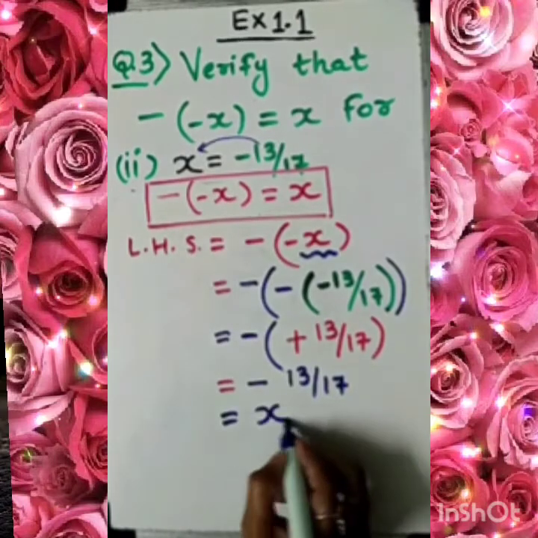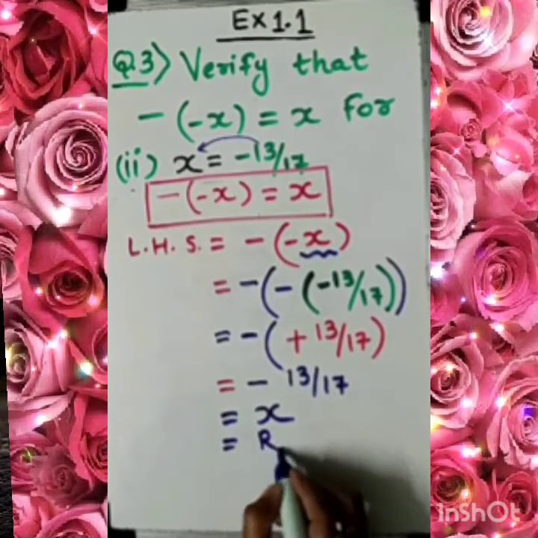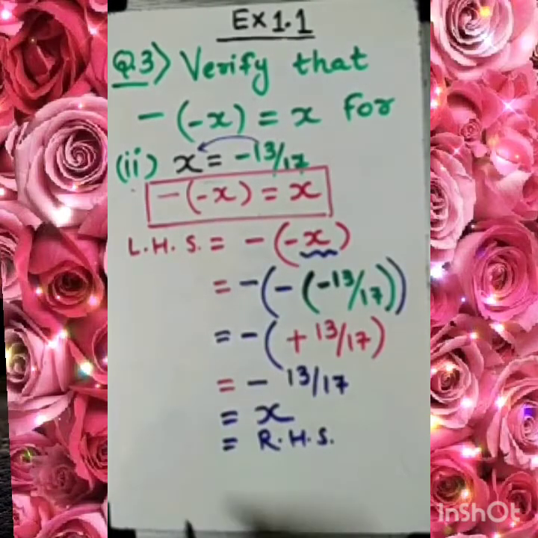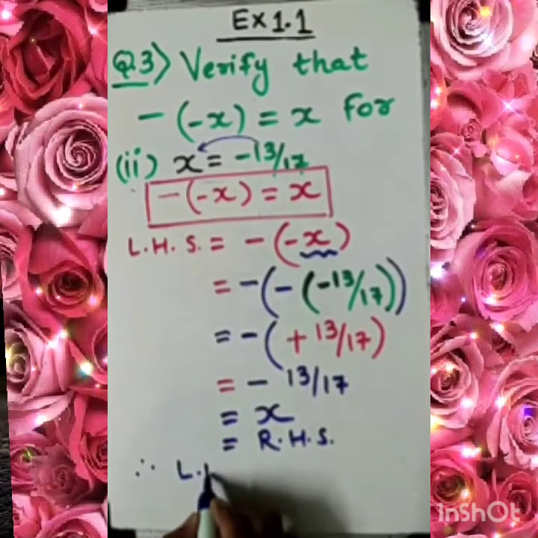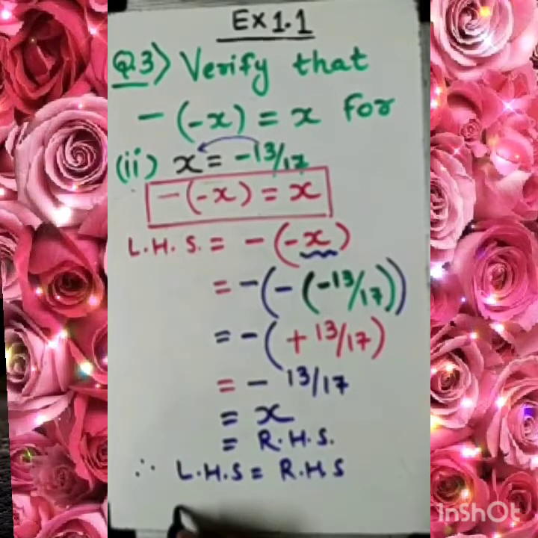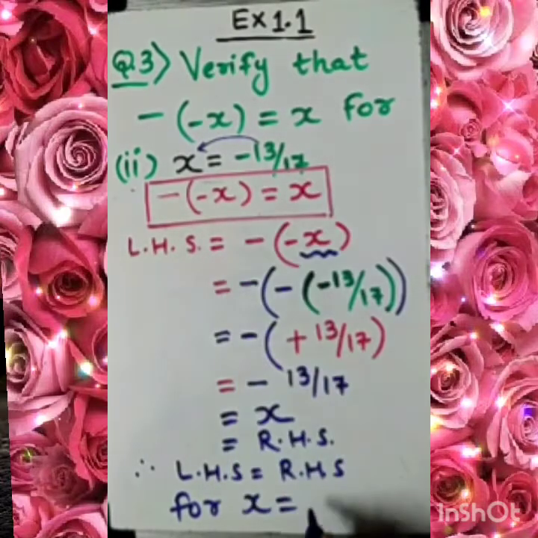So I need to mention here x, and that is equal to RHS, the right hand side which we had to prove. Therefore, LHS equal to RHS for x equal to minus 13 upon 17.